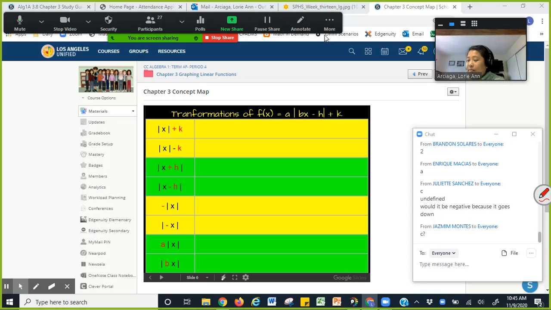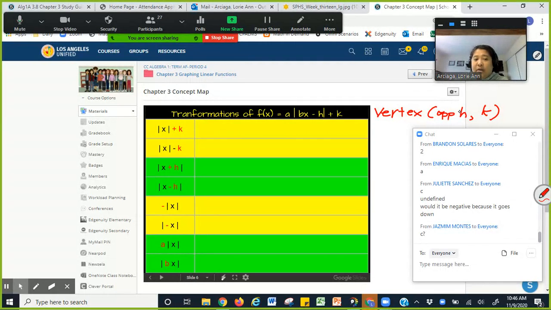Last time we talked about how to find the vertex, where the vertex is the opposite of h, and then k. We didn't have time to copy this down, so I'm going to go over this real quick before we go back to the study guide. Sometimes a number is added after the absolute value bar.